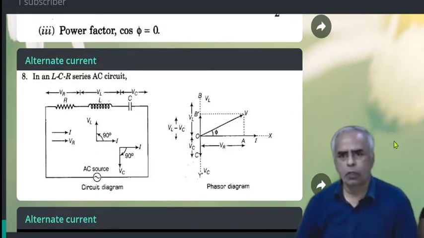Along x-axis we have got current. Got this point? And in fact this VR is also acting, but that is acting along the x-axis. Are you able to follow?